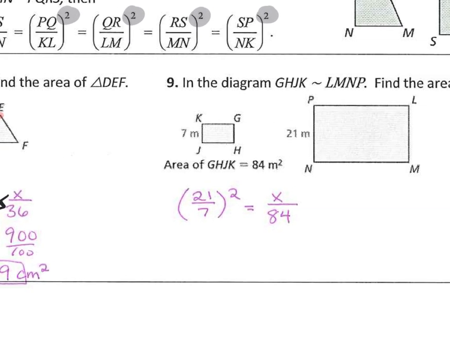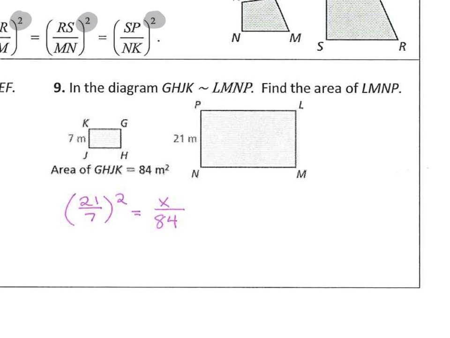Let's finish this one together. I've set it up for you. We know that these are similar, so KJ and PN are going to be my lengths that I use. This is the old. This is the new. New goes on top, old goes on bottom.